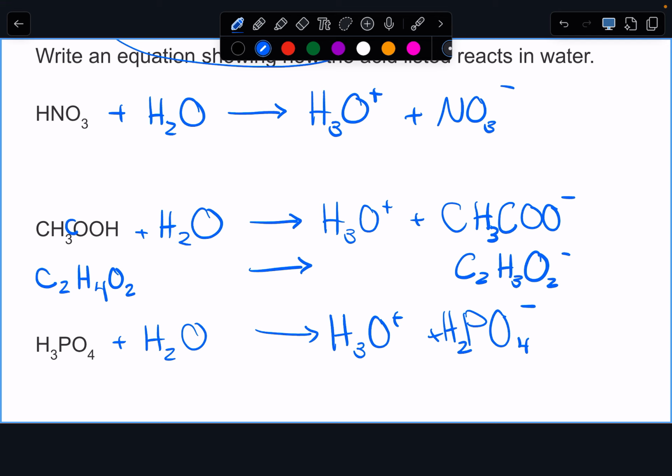So if you see a hydrogen off by itself, not paired up with the other hydrogens, that's the one that's going to be acidic or donated. And the reason why that happens is because if you remember from Lewis structures, this looks like this. And when you have a non-polar bond like a CH, it's really unlikely to lose that hydrogen.